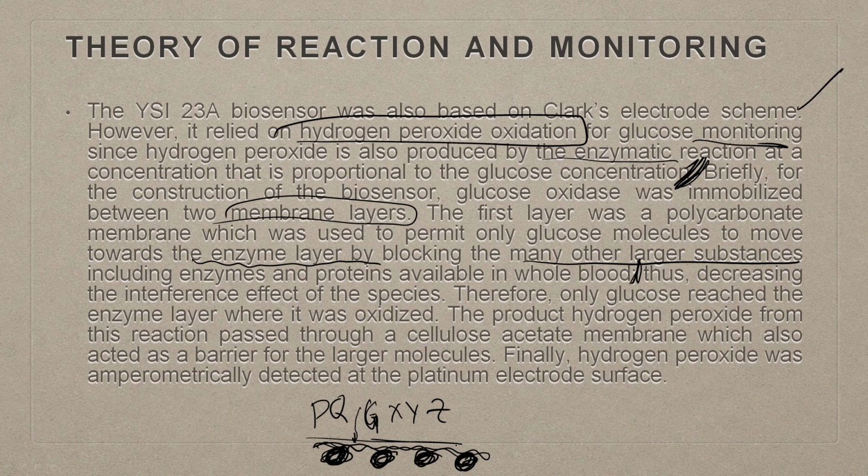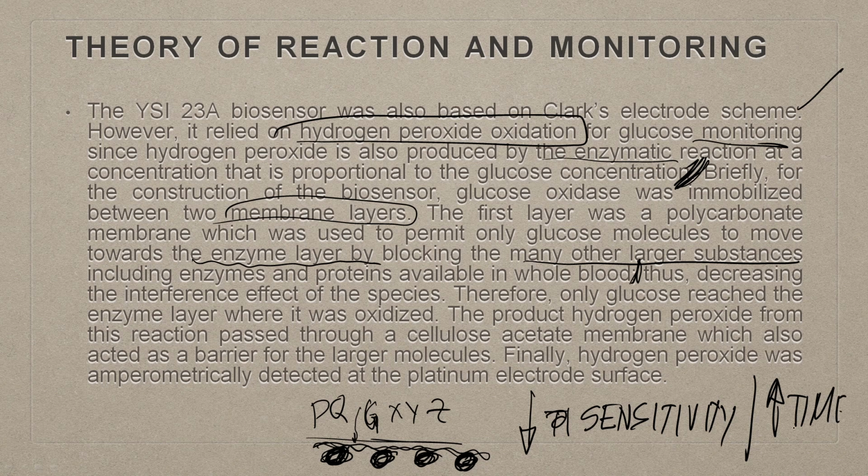And if the glucose does not come close to the enzyme within a finite period of time, that will reduce the sensitivity of the device, and further it will increase the response time of the device, because there are way too many interfering species.